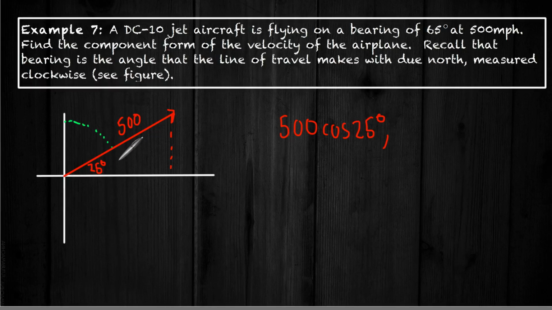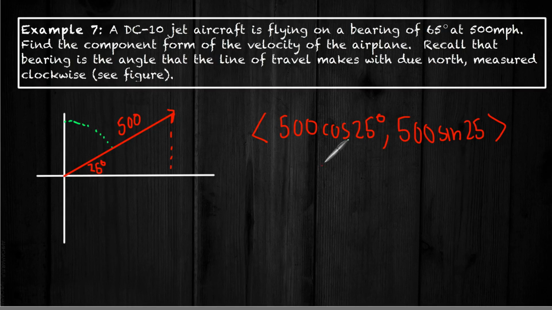Do not use 65, because 65 is not the real angle measured from the x-axis. It's not the unit circle angle. So you must convert all bearings to a real angle. So it's 500 cosine of 25, 500 sine of 25.